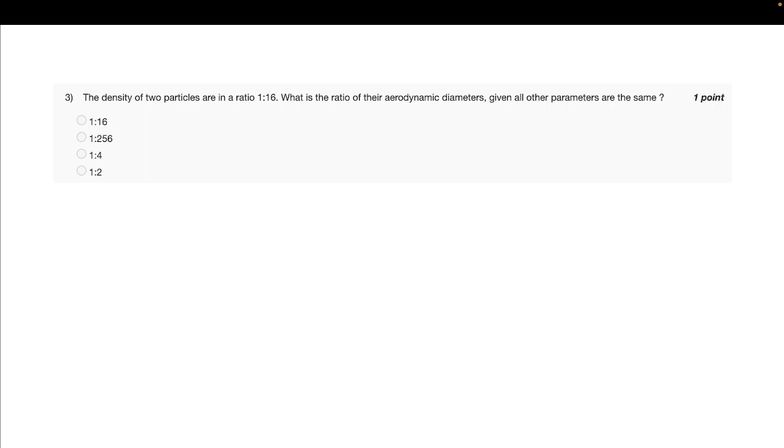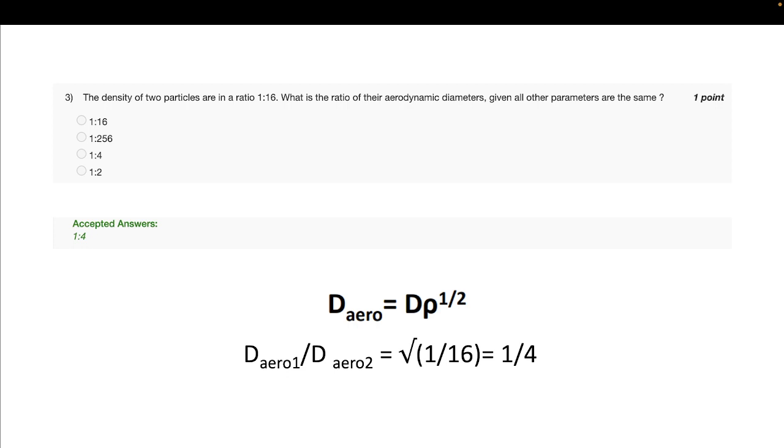Okay, nobody? So we'll discuss the answer. The correct answer is 1:4. Aerodynamic diameter is related to the physical diameter using this equation, where the aerodynamic diameter is directly proportional to the physical diameter and the root of the density.